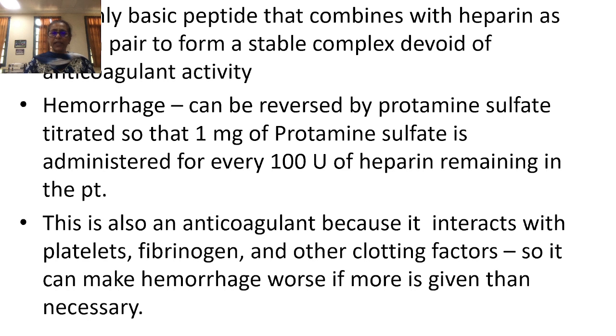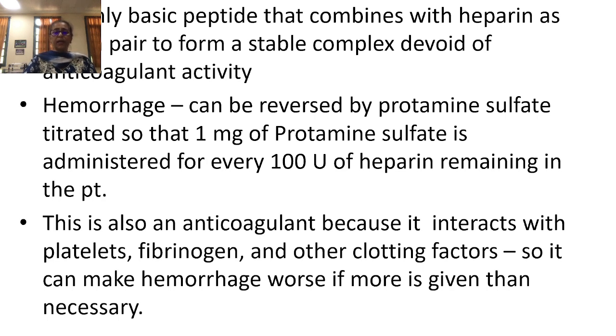Now the hemorrhage can be reversed by protamine sulfate titrated so that 1 milligram of protamine sulfate is administered for every 100 units of heparin remaining in the patient. So for every 100 units we give 1 milligram of protamine sulfate. Protamine sulfate is also an anticoagulant because it interacts with the platelets, fibrinogen and other clotting factors.